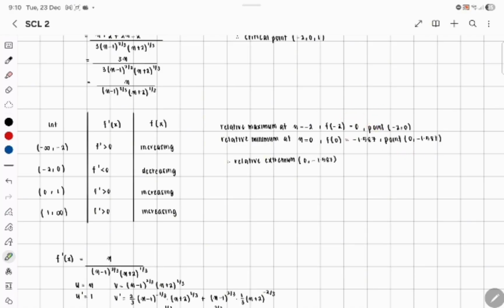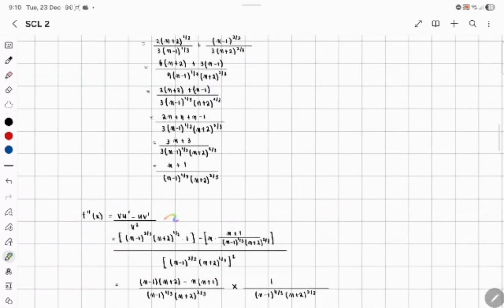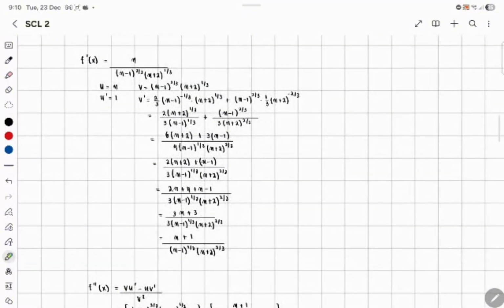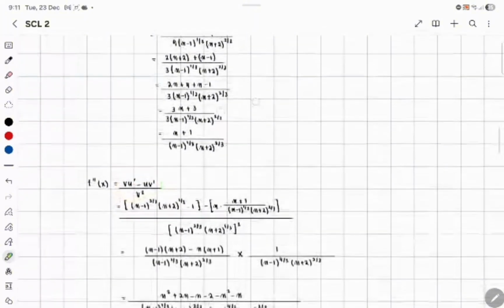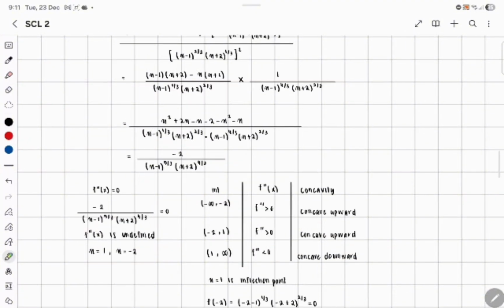Then if we put -2 and 0 into the function, we can get the points. To find the concavity, we need to find the second derivative. To find the second derivative, we use the quotient rule. If you think it is difficult to use the quotient rule directly, you can work out each part first, and after that you simplify until you get the second derivative.